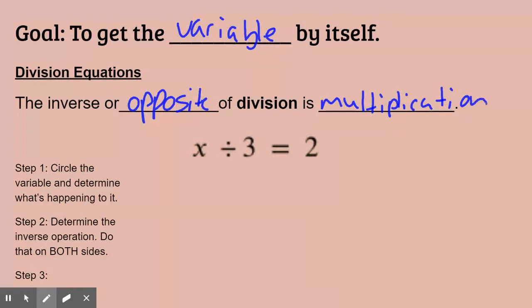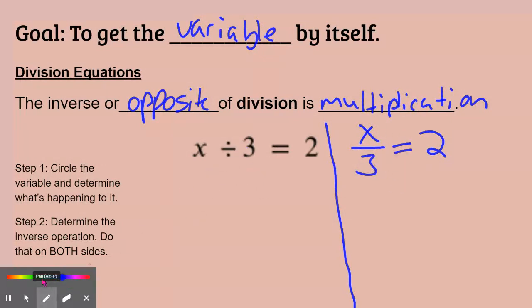Now, looking at this equation, this is one way division can be written. It can also be written like this, using the fraction bar. Most of the time, especially later on in math, you're going to see it written using the fraction bar versus the actual division symbol. So once again, process does not change.